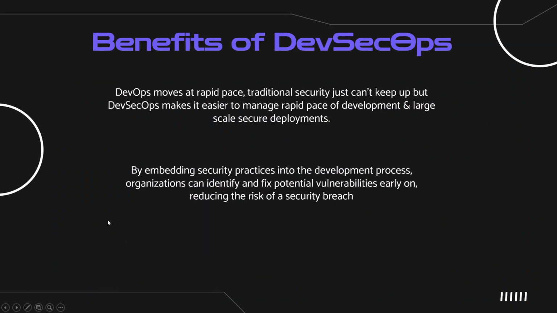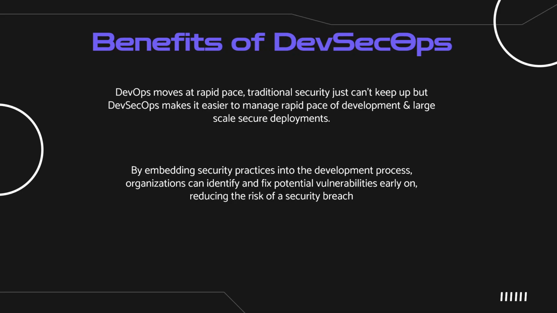Now, what are the benefits of DevSecOps? DevOps moves at a rapid pace, and the traditional security team cannot keep up with the speed they follow to create software fast.